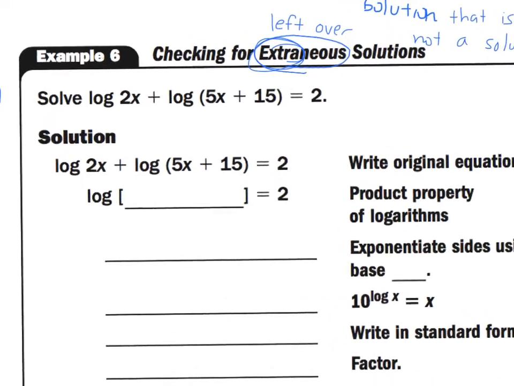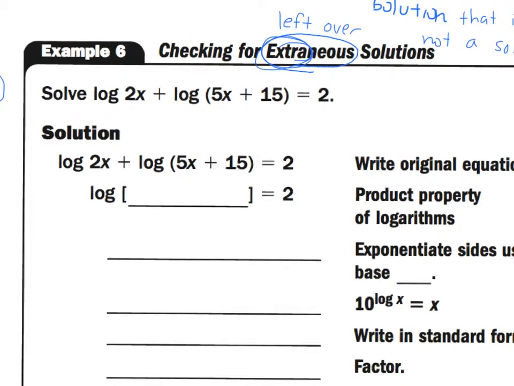All right, so in this example here, I have log, and remember this is common log on both sides, and that means I have a base of 10 here and a base of 10 here. Notice here, since I have the same logs, what am I going to do with these expressions? Again, there's a plus. Discuss.